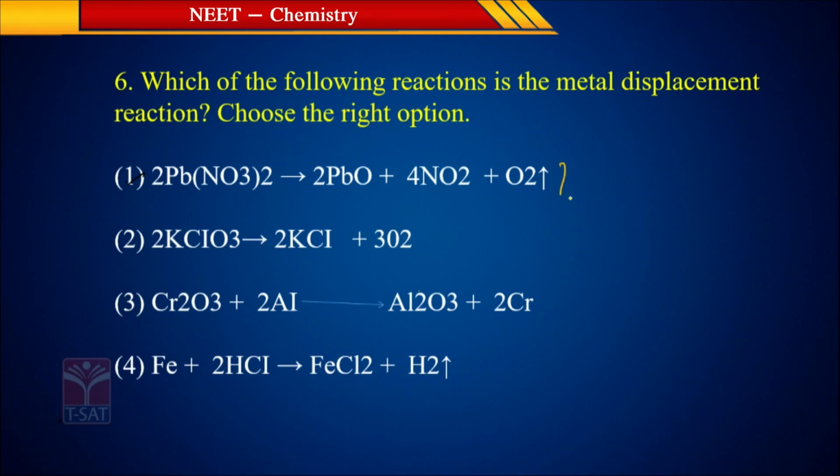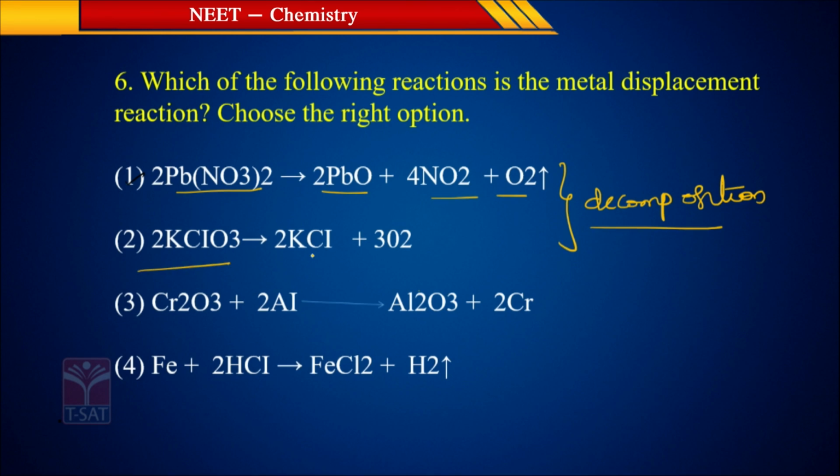And next, which of the following reactions is the metal displacement reaction? Choose the right option. The first and second options are decomposition reactions, not displacement reactions, because Pb(NO3)2 decomposes to PbO, NO2 and O2, and KClO3 decomposes to KCl and O2.